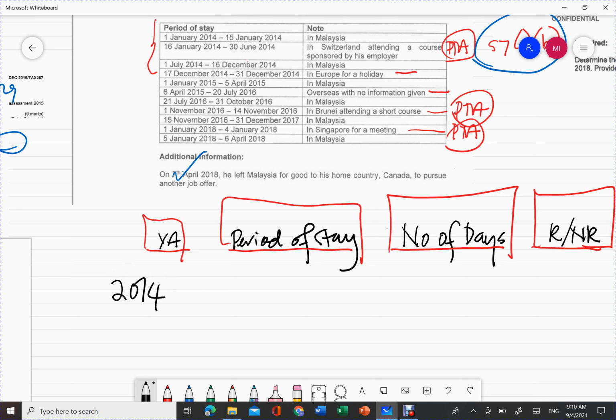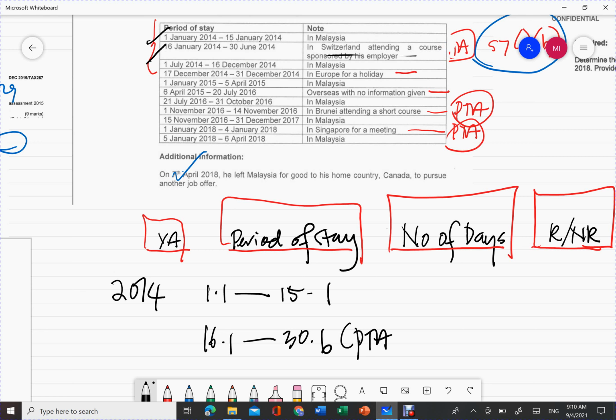His period of stay is from 1st January to 15 January. Then 16 January until 30th June, take this period too. But what was the status for this period? The status is permitted temporary absence. So we write it here, put the bracket, PTA.